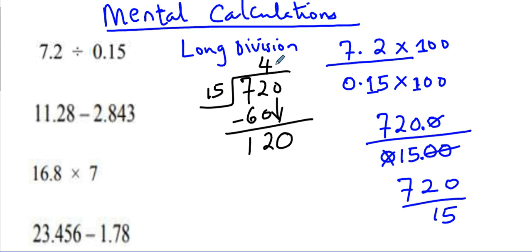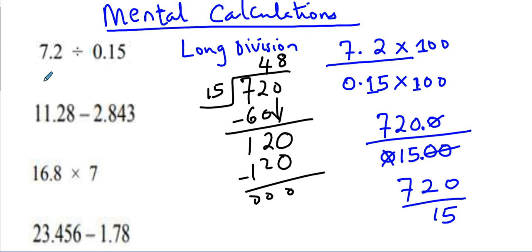120 divided by 15: by 6, that will be 90, by 7, by 8. Try 8, this will be 120, so the remainder is 0.